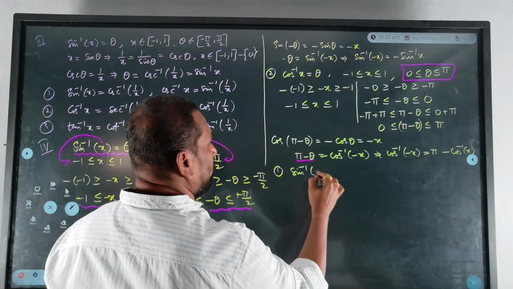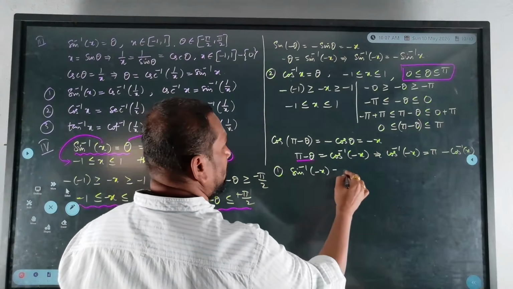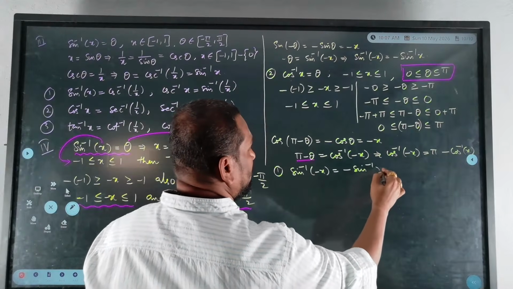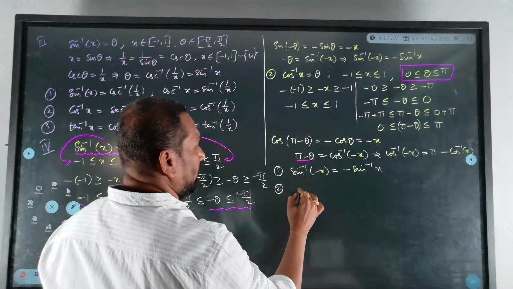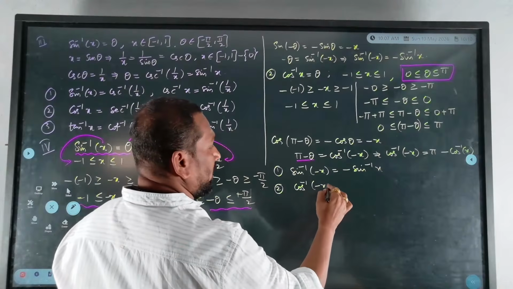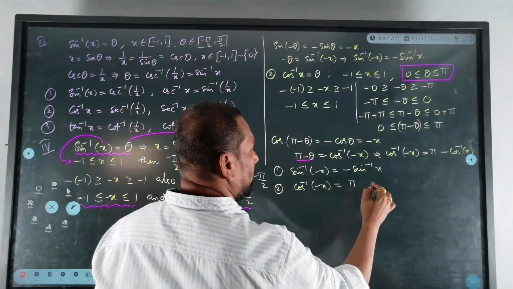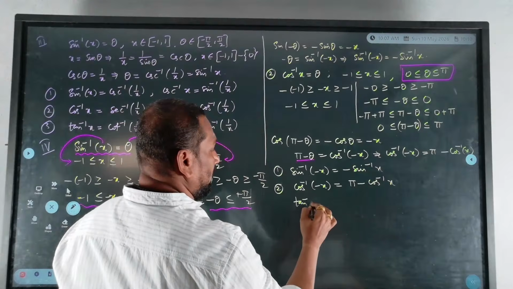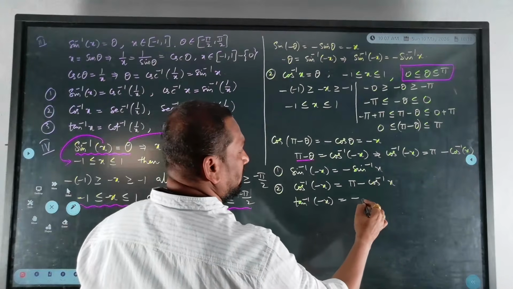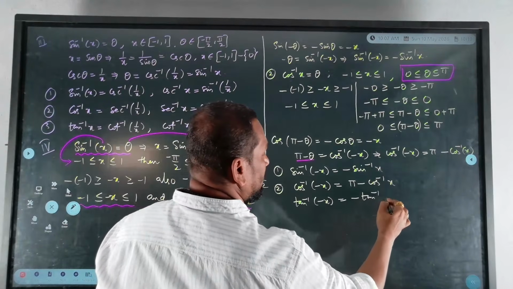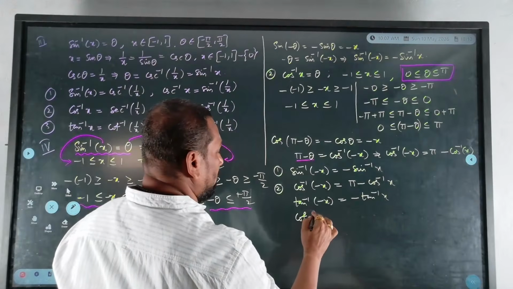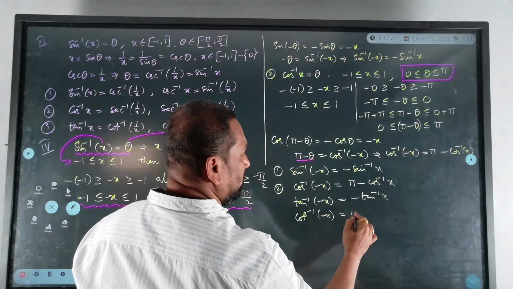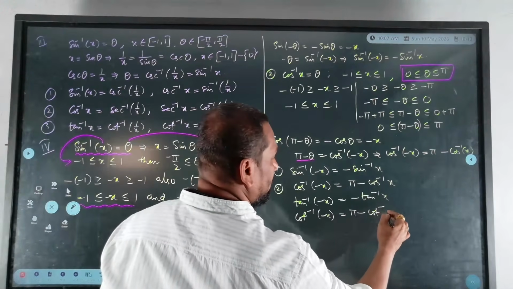Sine inverse of minus x is equal to minus sine inverse x. Cos inverse of minus x is equal to pi minus cos inverse x. Tan inverse of minus x is equal to minus tan inverse x. Cot inverse of minus x is equal to pi minus cot inverse x.